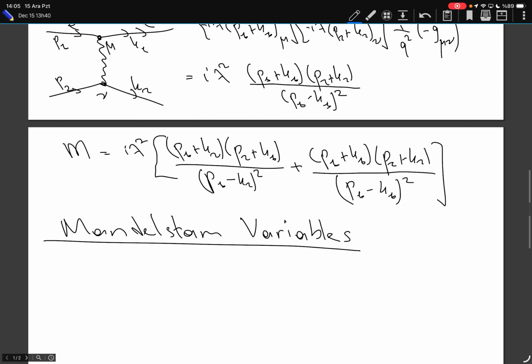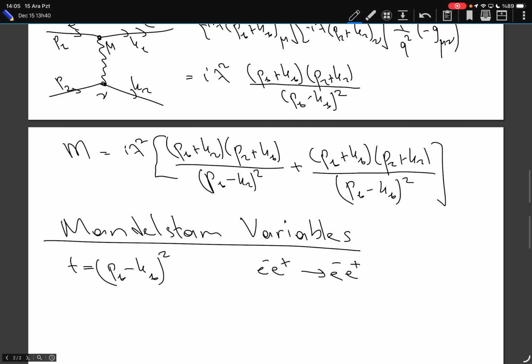So what are the Mandelstam variables? Well, there's the T, which is P1 minus K1 squared. You see, these Mandelstam variables, if you can't remember which one is S, which one is T, which one is U, just let's look at the diagrams for this process.